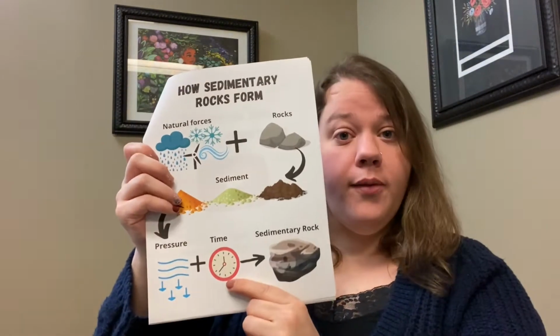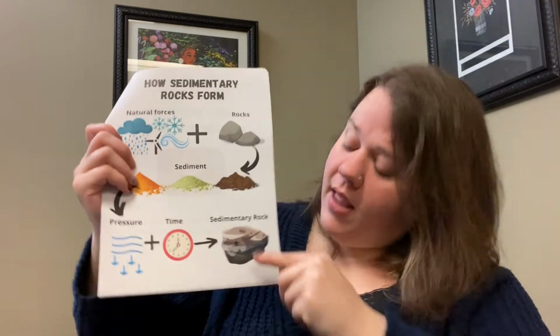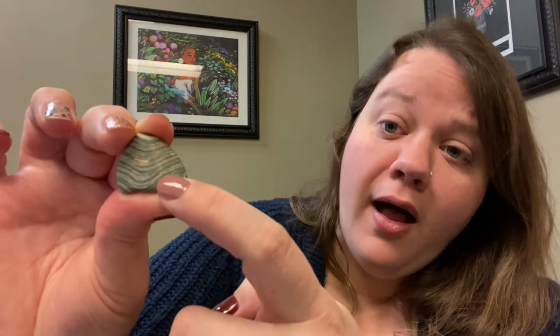Then over time, that pressure fuses everything together and it becomes a sedimentary rock. Now, sedimentary rocks are not always striped like this, but a rock like this can really demonstrate what happens. So these are different colors because they are different types of sediment that have been pressed together.